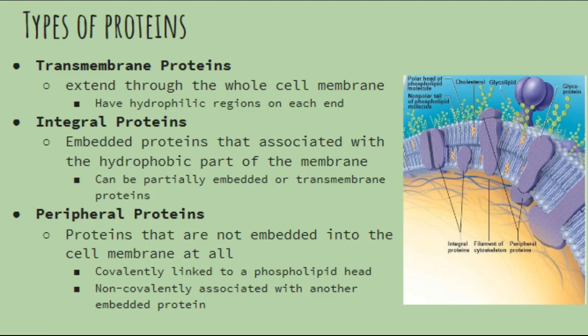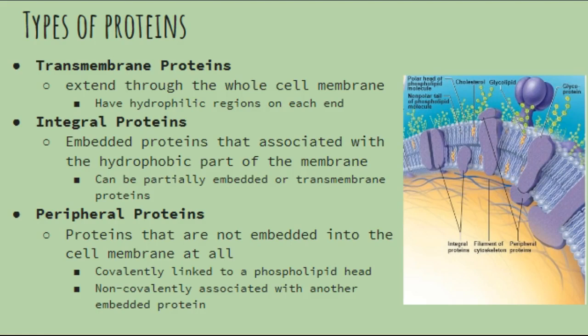Integral proteins are proteins that are embedded into the membrane that associate with a hydrophobic part of the membrane. So they can be partially embedded or fully embedded like transmembrane proteins. Peripheral proteins are proteins that are not embedded into the cell membrane at all.